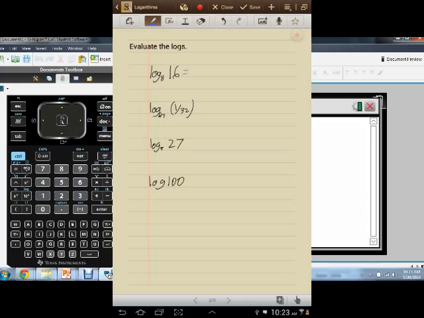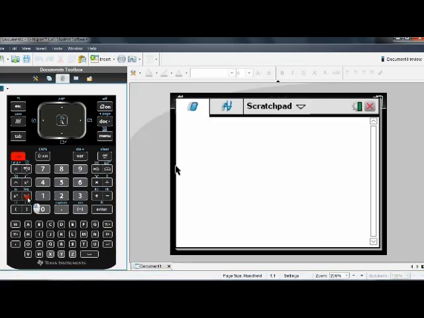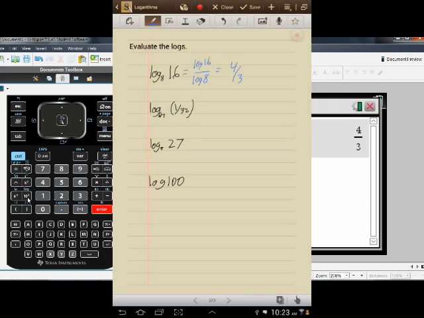Okay? But if you're at home and don't have a calculator that does that, what you would need to do is do the log of 16 divided by the log of 8. And what you would get, I have my calculator sitting here in my lap, is 4/3. Depending on your calculator, that may come out as 1.3 repeating.